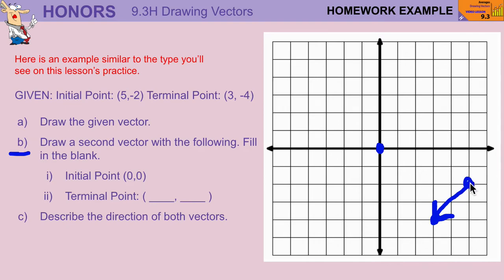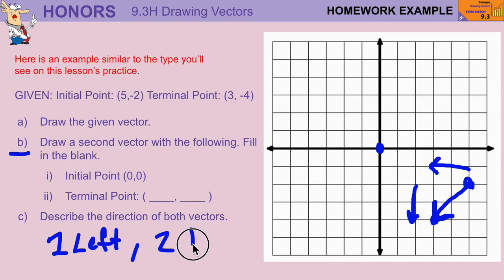So let's start at the initial, and it looks like I'm going left 2. I think on the homework you'll probably have a place to choose. And then we go down 2. So this is 2 down.